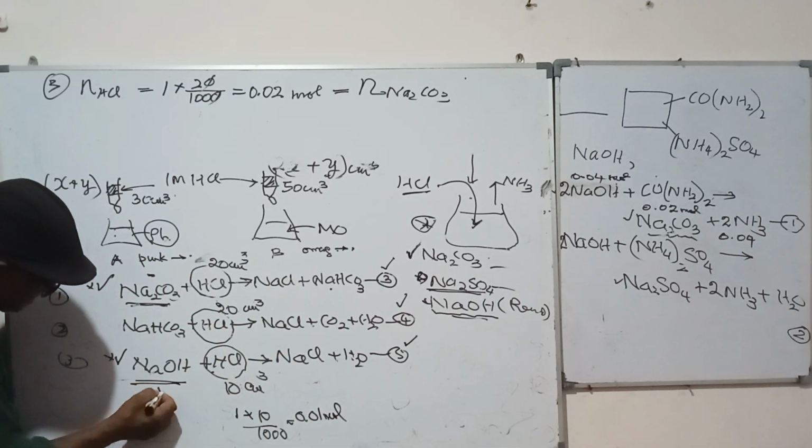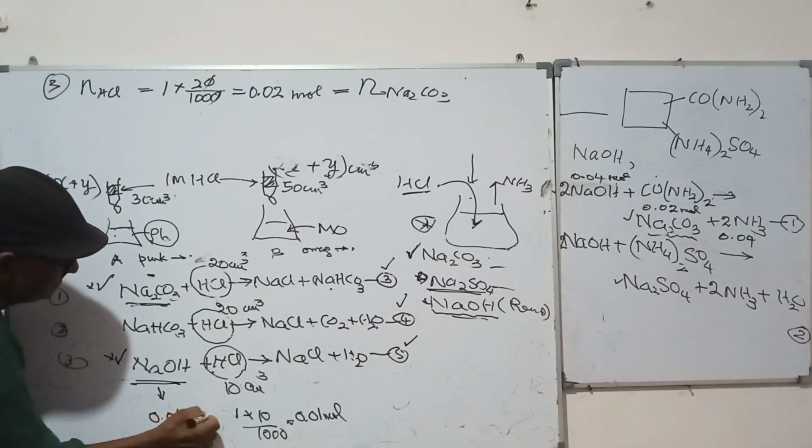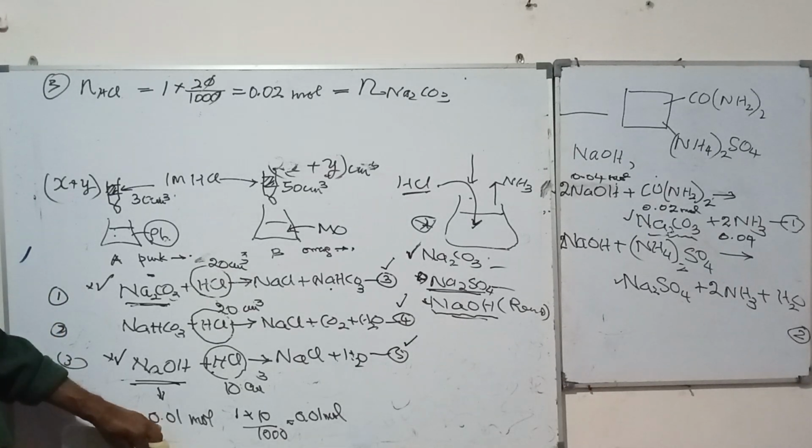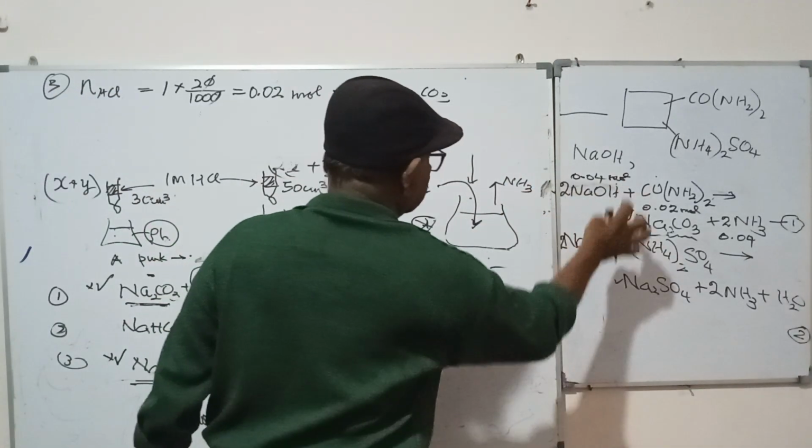Therefore, NaOH moles also 0.01. That is the amount of NaOH remaining after these two reactions.